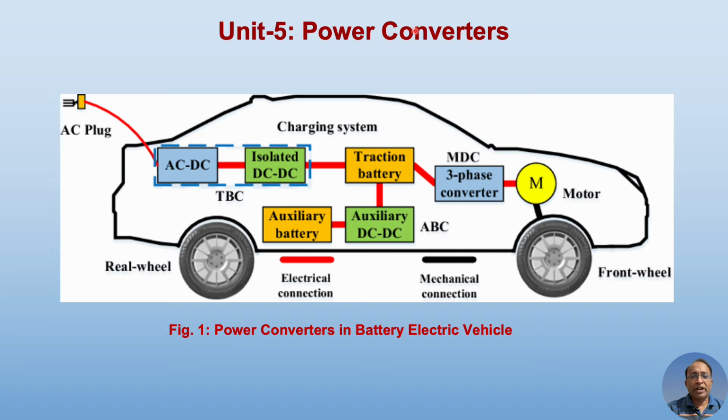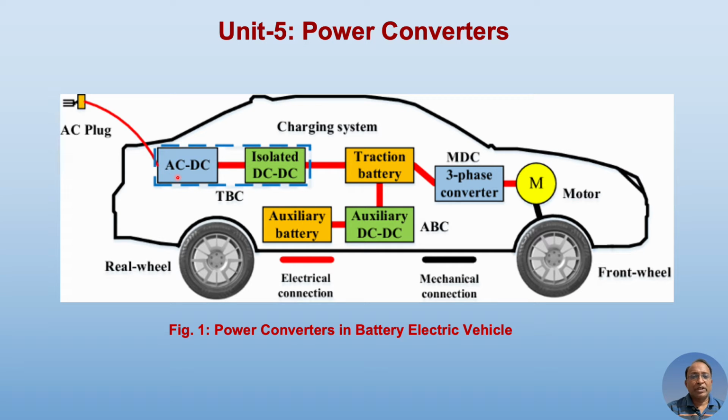What roles are they assigned? Let us observe. For example, we have here a traction battery, and naturally as the electric vehicle is in operation, we need to charge the battery. For charging the battery, there is a pair of power converter circuits.